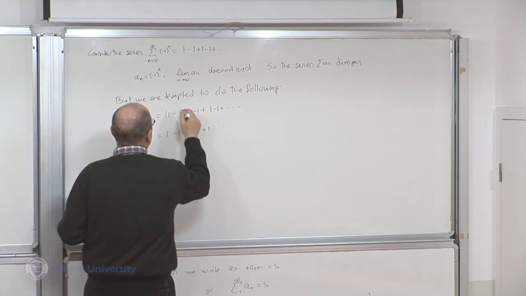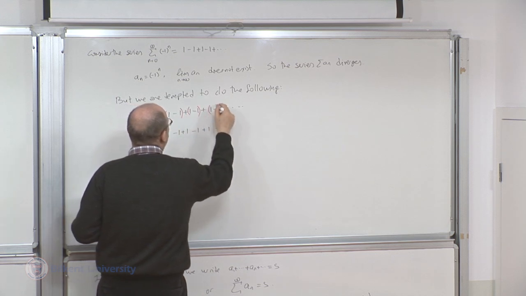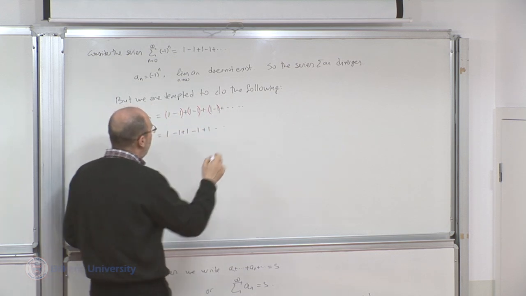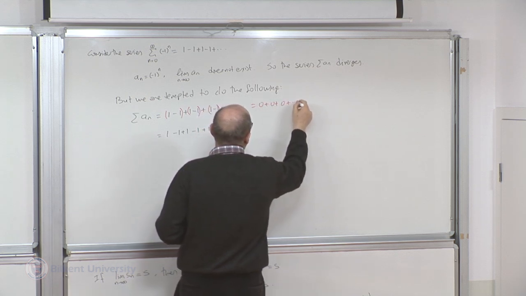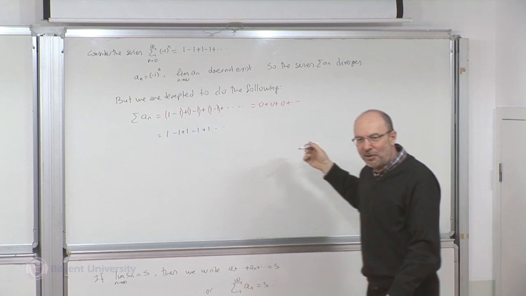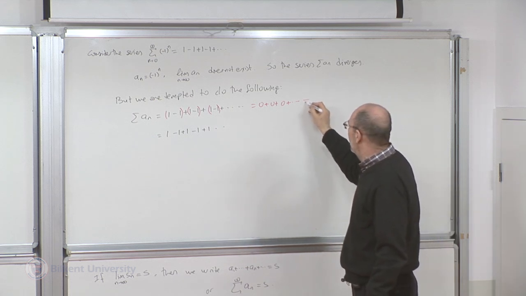I put parentheses like this. You see that this becomes 0, 0, 0. Now, whatever theory of infinite series you develop, this must be 0.